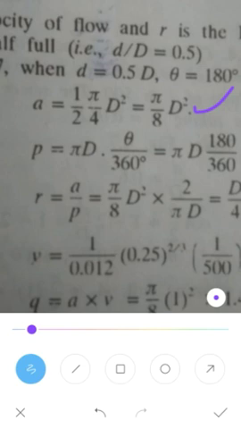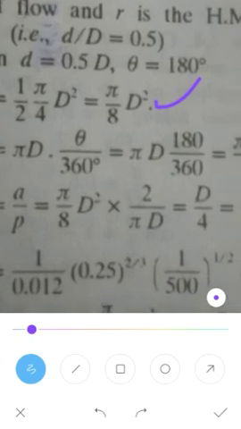Next is perimeter. I told we need to determine the wetted perimeter. If the pipe is running fully, then you take only pi d. If it is flowing half or partially, maybe 25%, 50% or 75%, not filled completely, then you have to use the perimeter formula pi d into theta divided by 360.